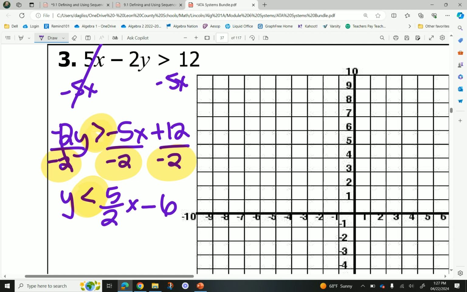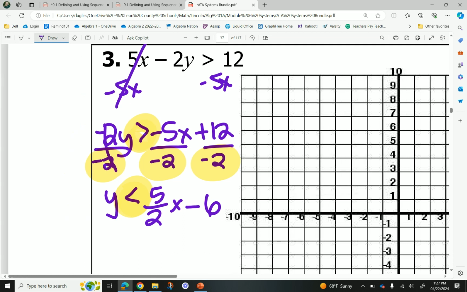Okay. Your sign flips when you divide or multiply by a negative number. We've already done this before. This is not new news. When I solved these earlier in the year, the same thing happened. Okay?